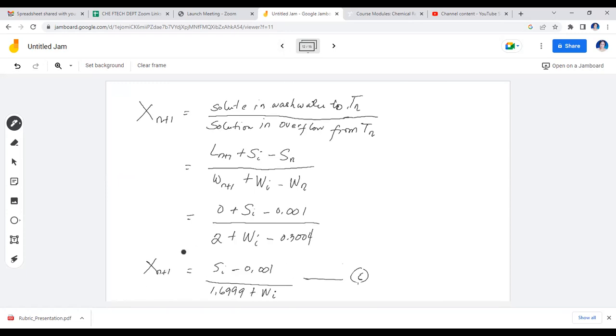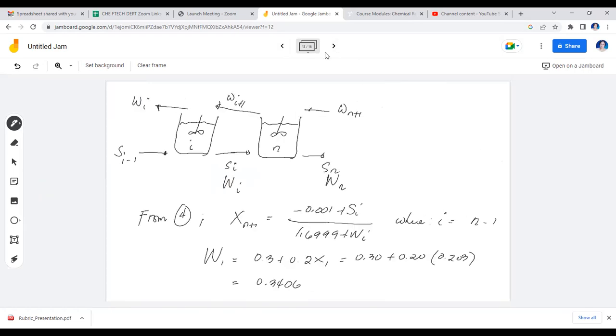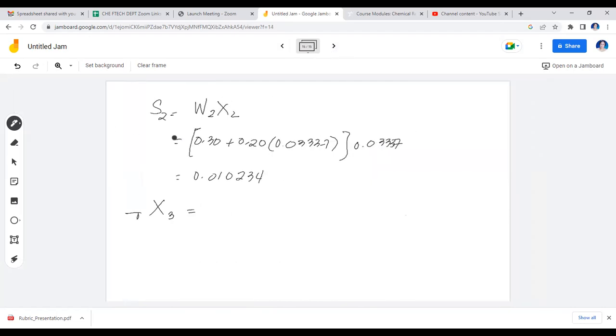You see this? S i minus 0.001 over 1.6999 plus W i. And this i is actually your n minus 1. So that is why you need to determine S2 to know X3, and so on and so forth. S1 for you to know X2.